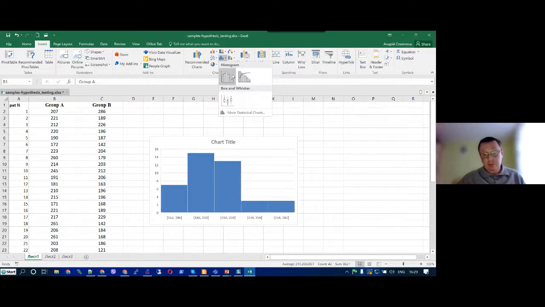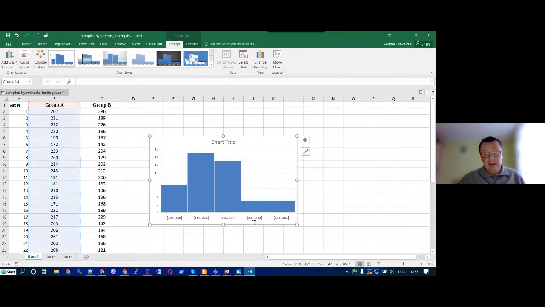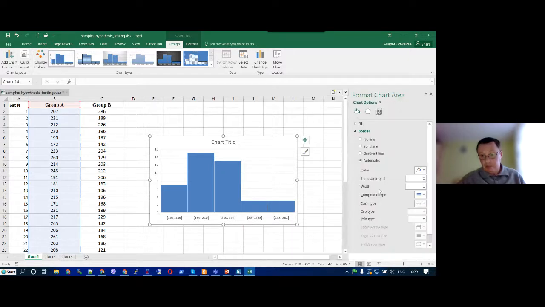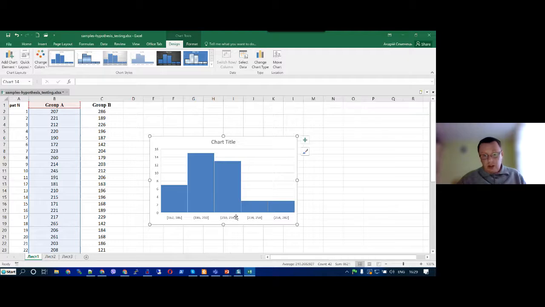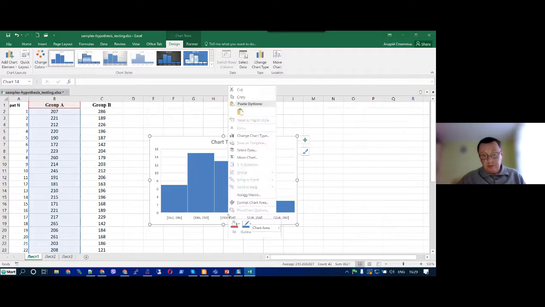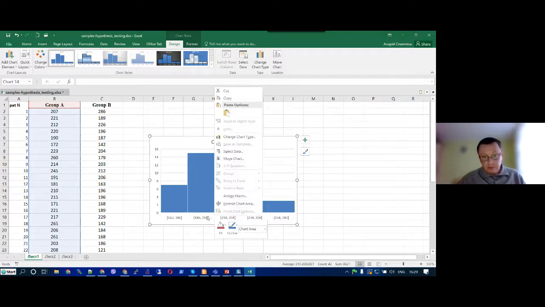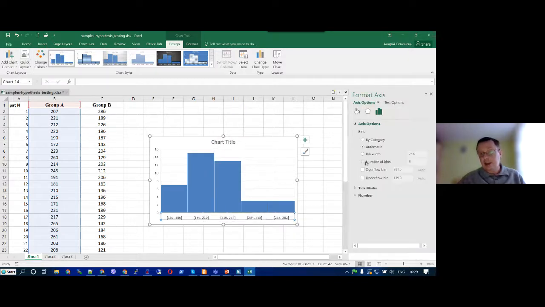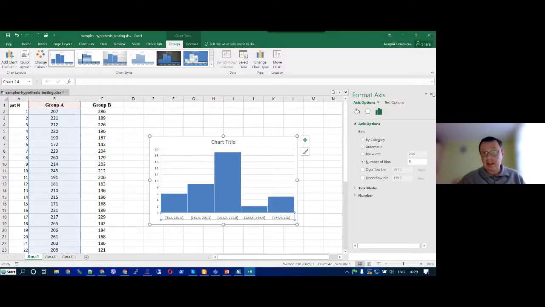So in my case, I can create a histogram and even adjust my axis with the number of bins, the number of intervals into which my data set will be separated.